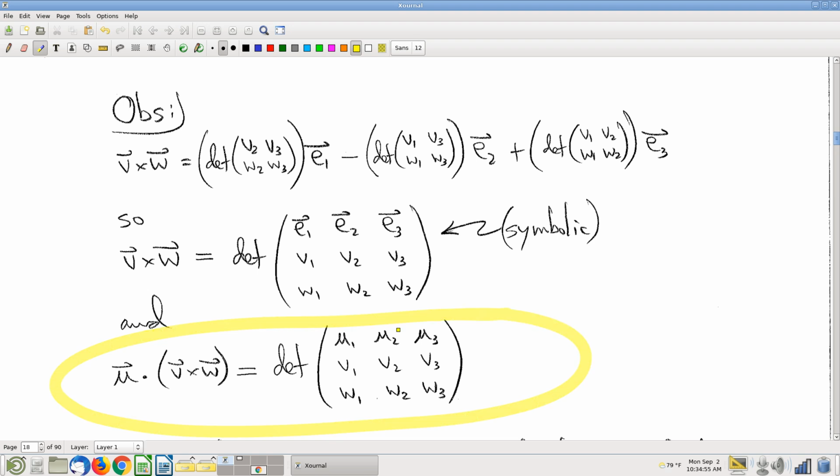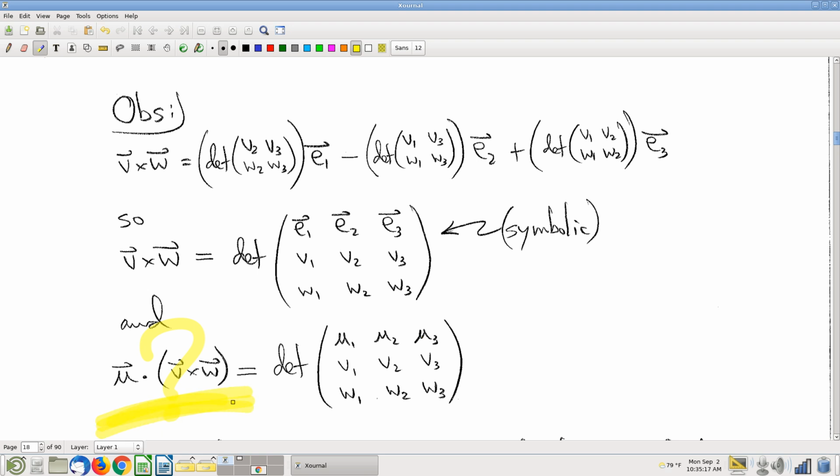And two things. This is an easy way to remember something, but the fact that this is structurally so simple and elegant leads one to believe that maybe this construction, maybe doing a dot product with a cross product is not just some random irrelevant thing. Maybe this actually makes a lot of sense.